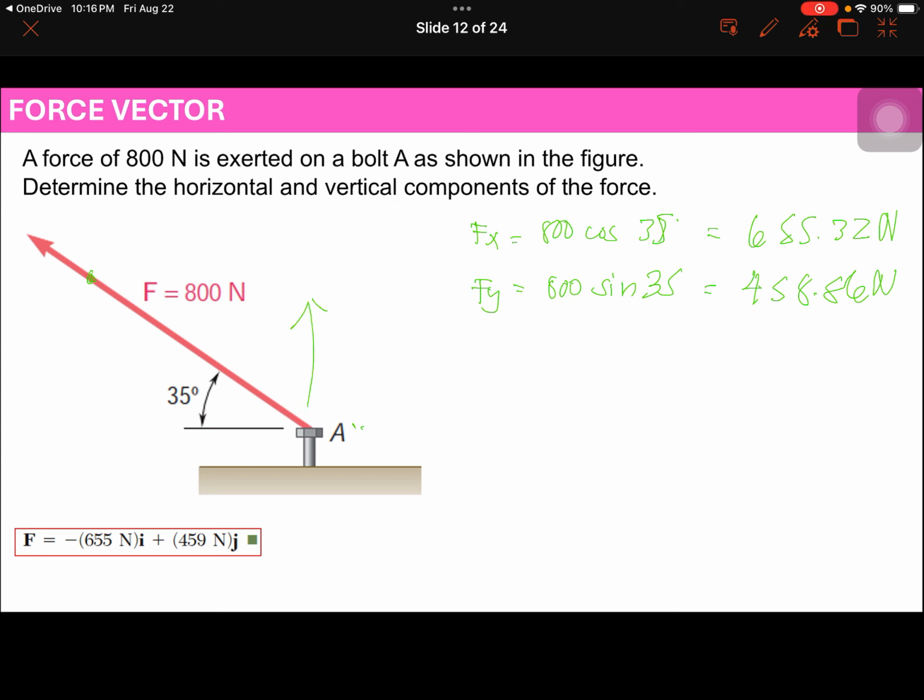So, ito si Fy, yung 458, and then this is, ano ang tawag dito? Fx.